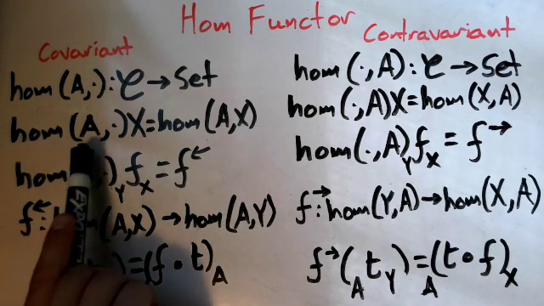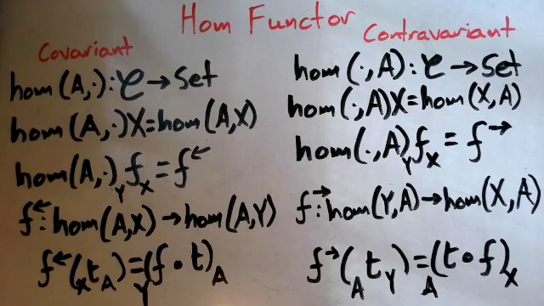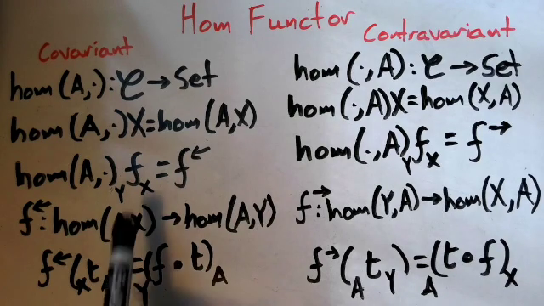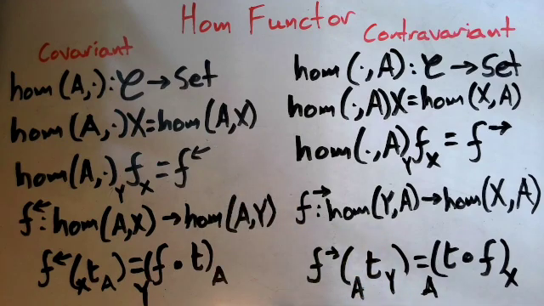So home A blank applied to an object X in C will get mapped to the home set going from our fixed object A to the object that we're applying it to, X, whereas the contravariant home functor will go the opposite way.